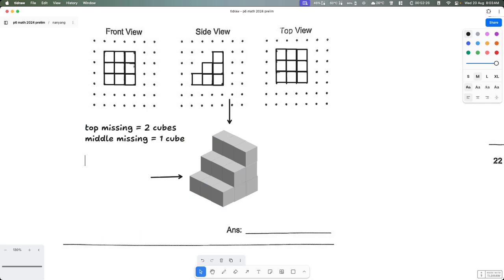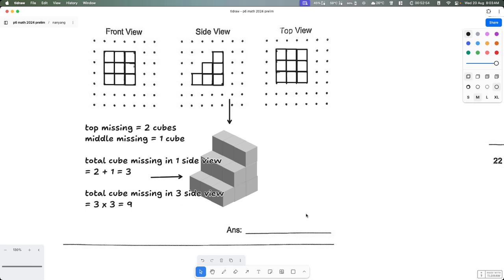So total cubes missing in one side view is equal to 3. 2 plus 1 equal to 3. So total missing in 3 side views, which is basically 3 times 3 equal to 9. There you go. So the answer is 9.